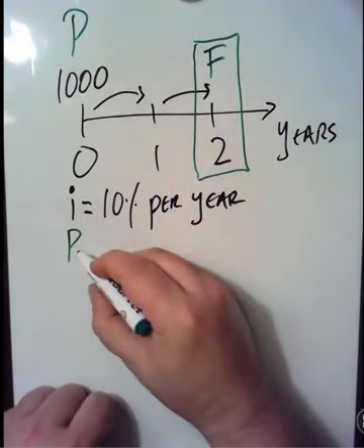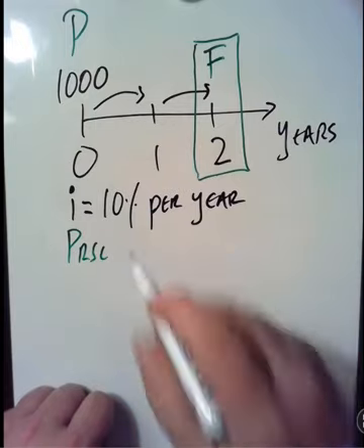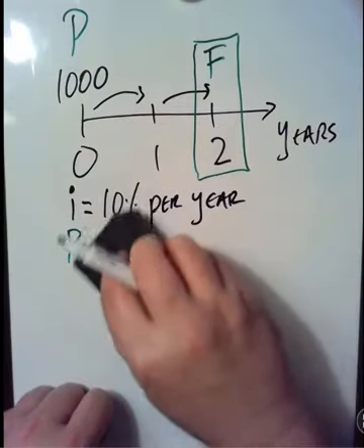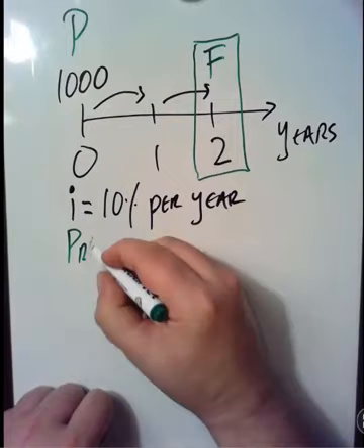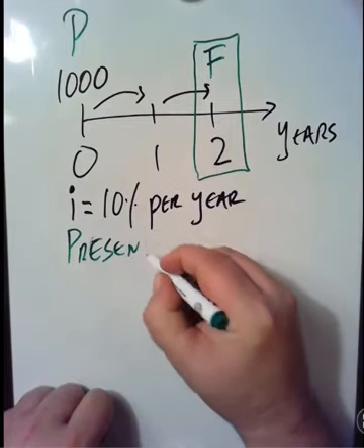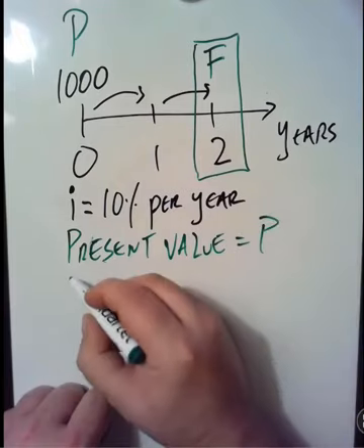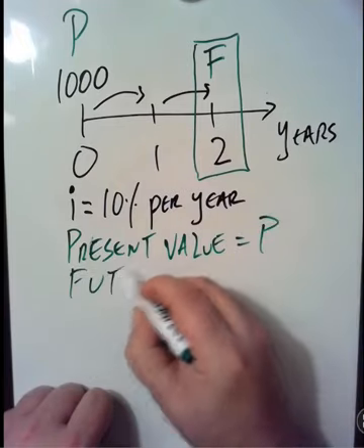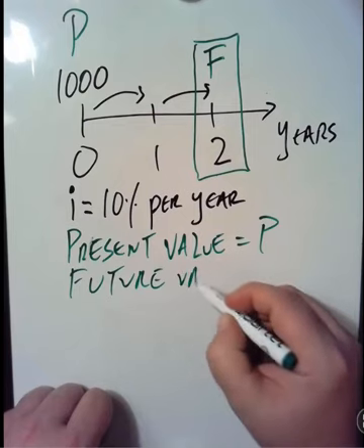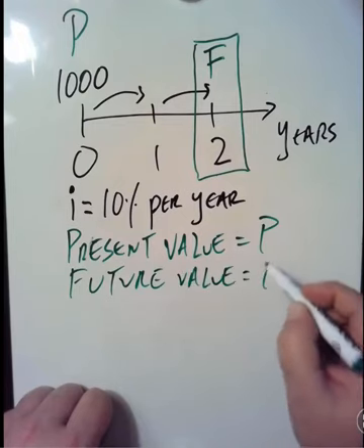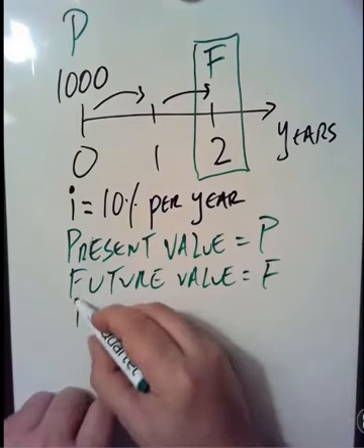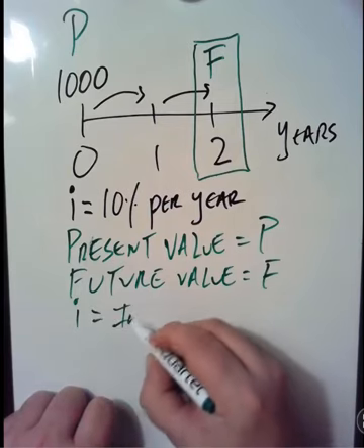So P stands for present value. Future value, we use F. I stands for the interest rate.